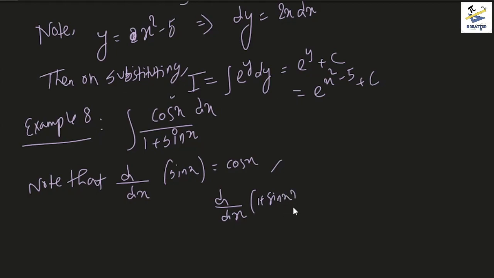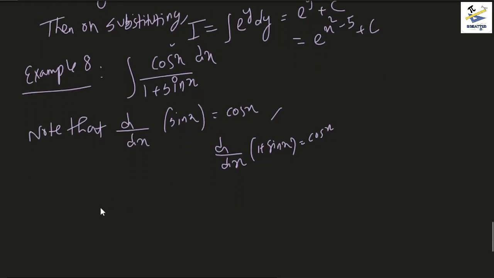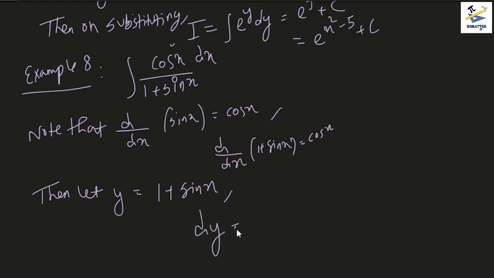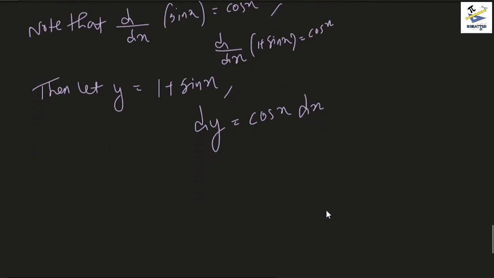So rather than going for the substitution y equals sine x, we can directly go for the substitution 1 plus sine x. Let y equal 1 plus sine x, and from that we get dy equals cosine x dx. This would give us our integral as the integral of dy divided by y.